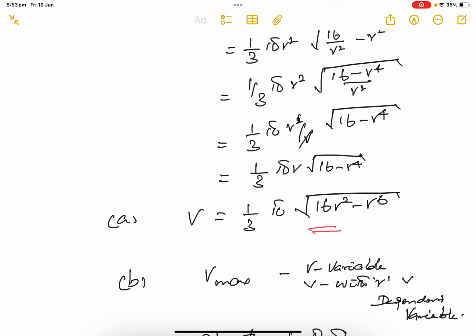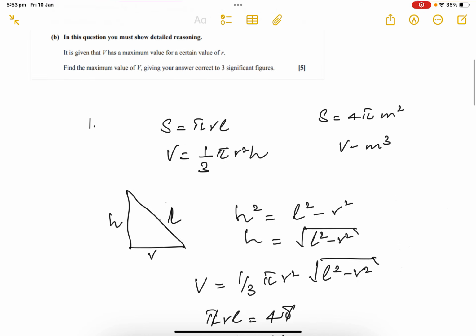From that, V equals 1/3 pi. We have to take r inside to prove what we have been asked to prove. So if the r goes inside the root, it will be r squared. So 1/3 pi square root of 16 r squared minus r to the power 4 times r squared, which is r to the power 6. That is exactly what we have been asked to prove.